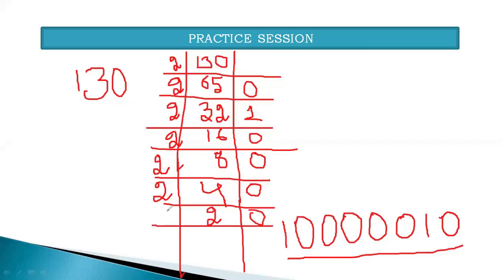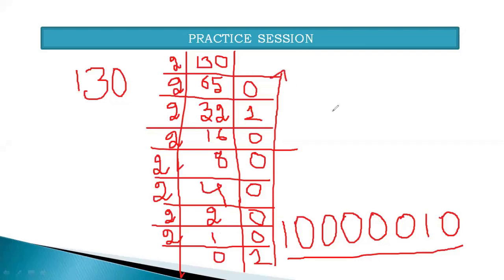A few more times. 2 1s are 2, remainder is 0. And last chance, 2 0 times, and the remainder is 1. So you can see that we have the answer on the screen.